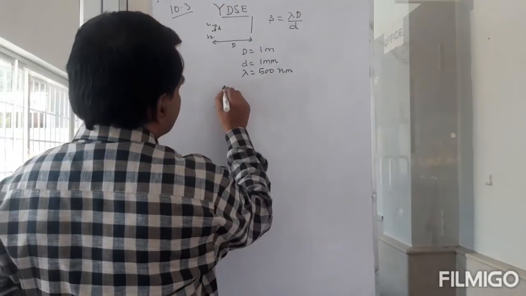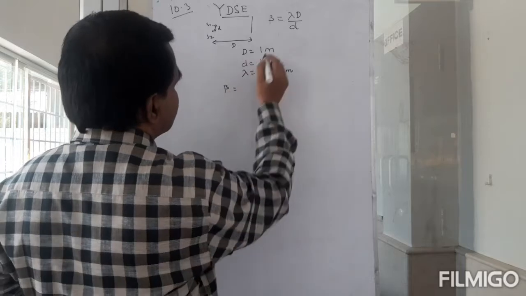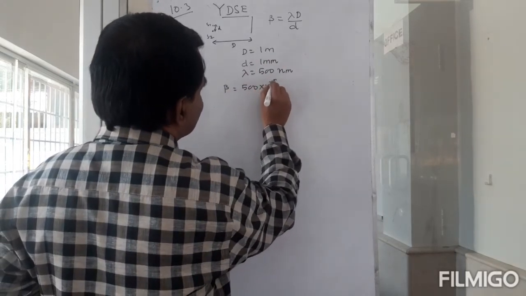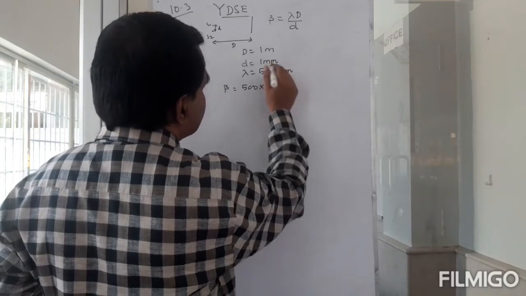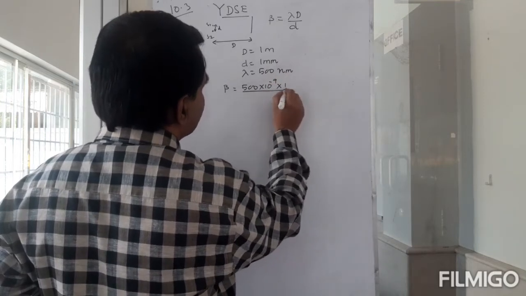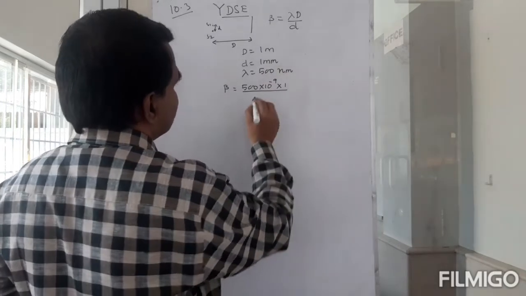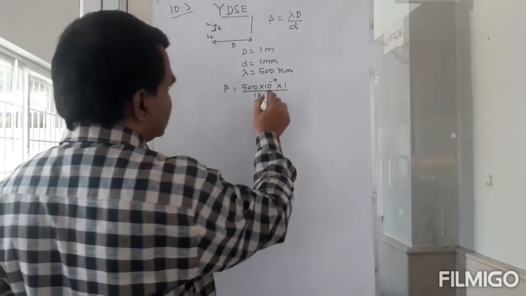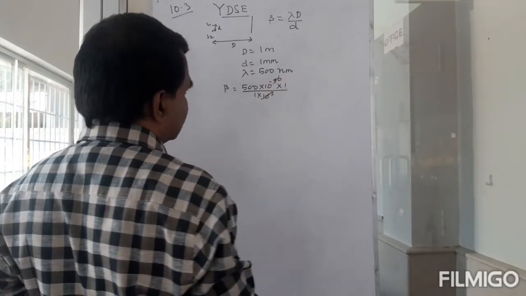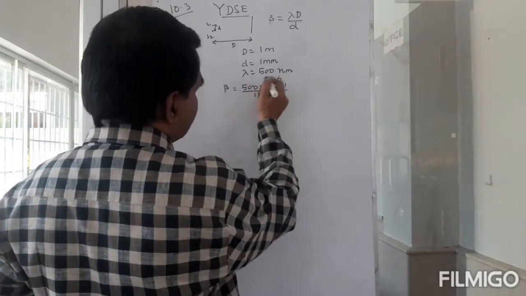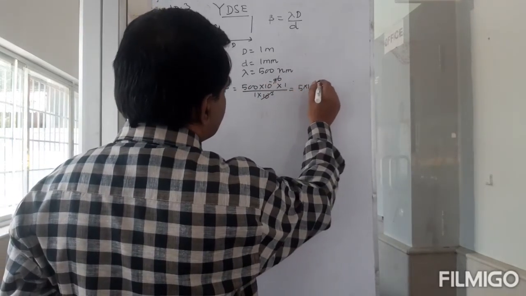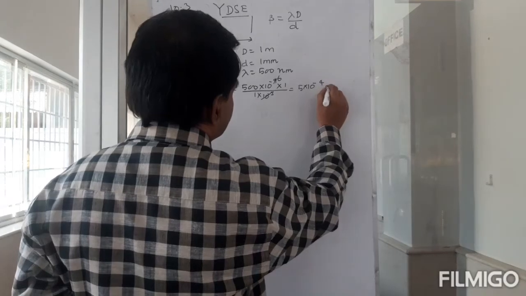Very easy. The fringe width beta: lambda is 500 into 10 power minus 9, and D is 1 meter, divided by d, which is 1 millimeter, so 1 into 10 power minus 3. So it's 5 into 10 power 2 into 10 power minus 6, it will be 5 into 10 power minus 4 meter.